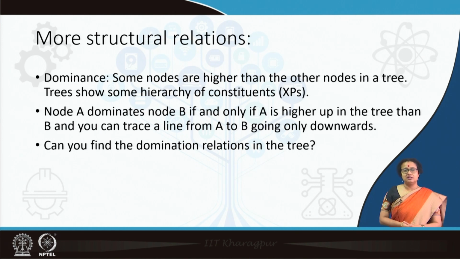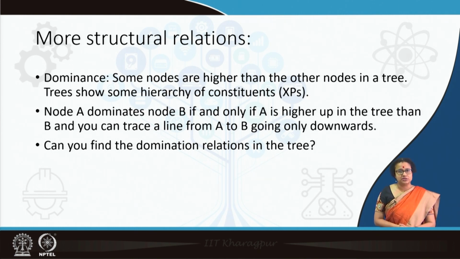So, we know that trees show some kind of hierarchy of constituents, and if we can talk about the idea of dominance, this is the way in which we can define dominance. Node A dominates node B if and only if A is higher up in the tree than B, and you can trace a line from A to B going only downwards.